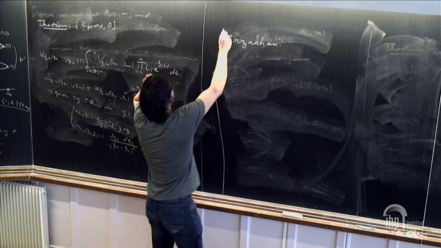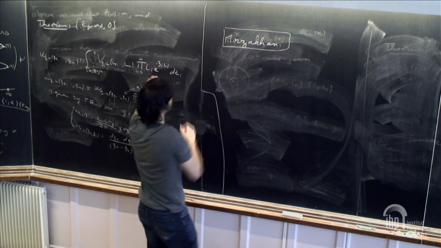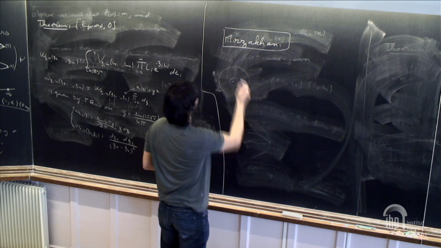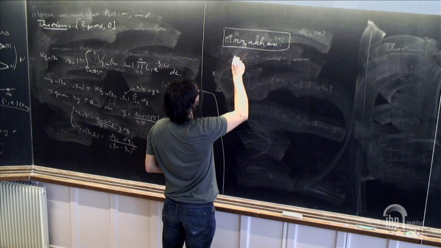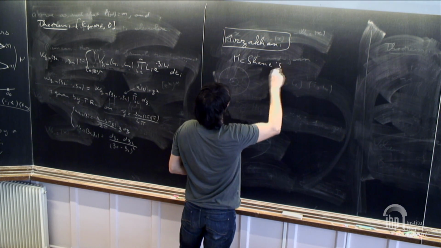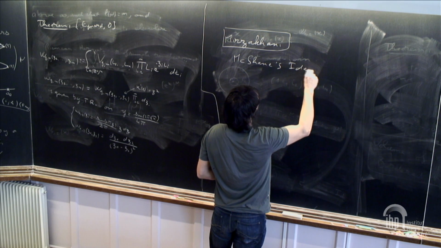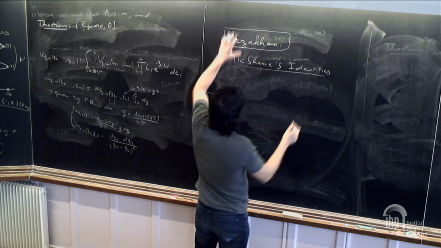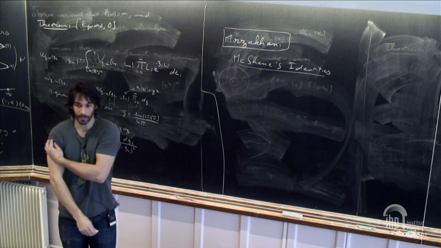Most of what I will tell you is coming from Mirzakhani's work. And in particular, something which will be very useful is what is known as the McShane identities, and actually the generalization of McShane identities by Mirzakhani.